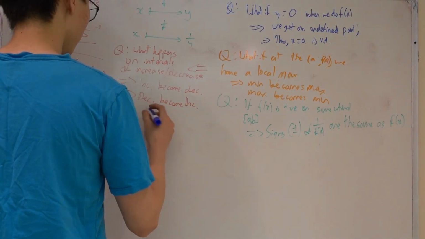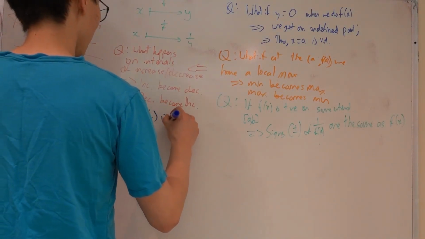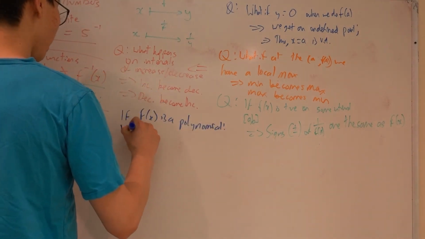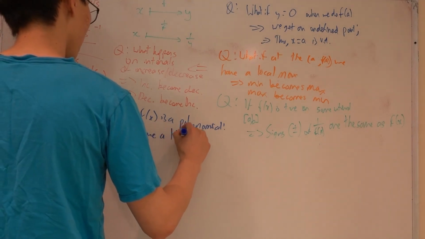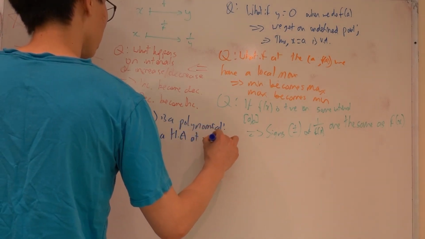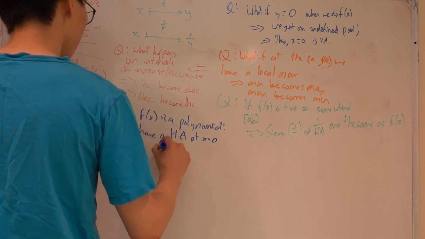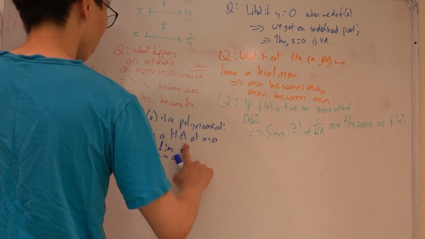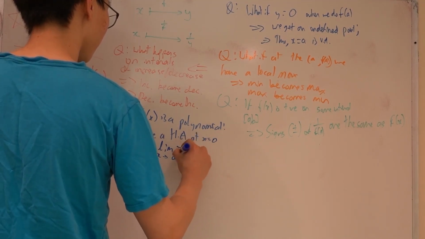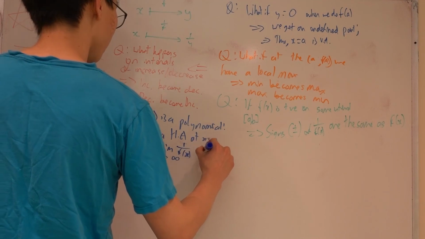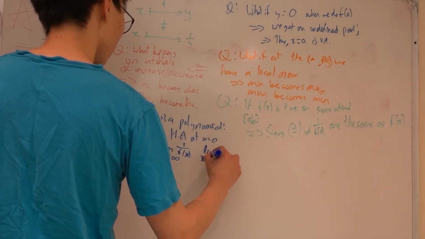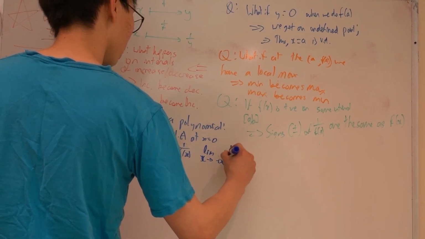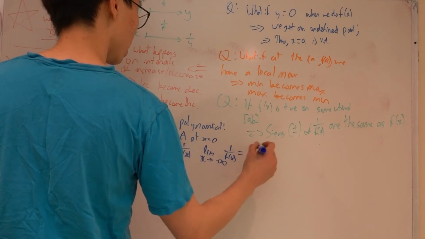If f of x is a polynomial, we have a horizontal asymptote at y equals 0, on both sides, so the limit as x goes to infinity of 1 over f, we're considering 1 over f, and as x goes to negative infinity of 1 over f is equal to 0.